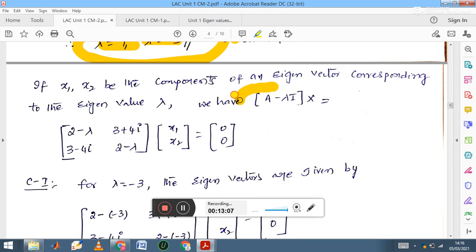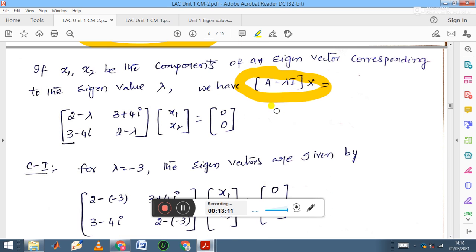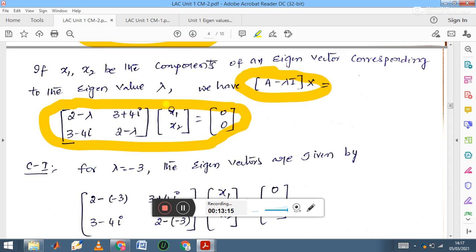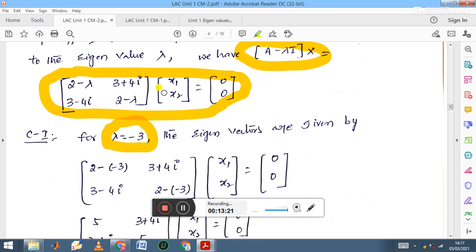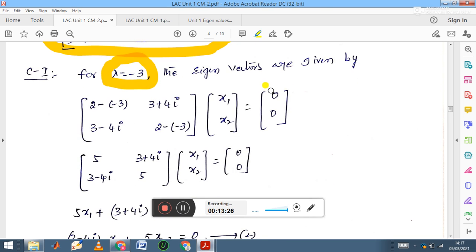For that you go with the definition of the characteristic matrix. Here the unknowns are taken as x1 and x2, and go with the first case, when lambda equals -3. Replace lambda by -3 in the characteristic matrix, then you get this matrix.